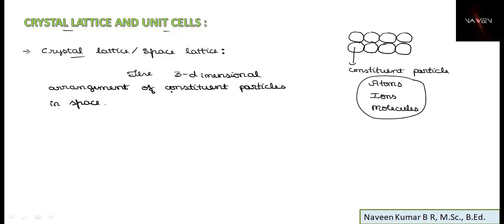These constituent particles are represented by points. Each point in the space, in representing its three-dimensional structure, represents a constituent particle, maybe an atom, ion, or molecule. The three-dimensional arrangement of points showing the constituent particles in space is called a crystal lattice or space lattice.